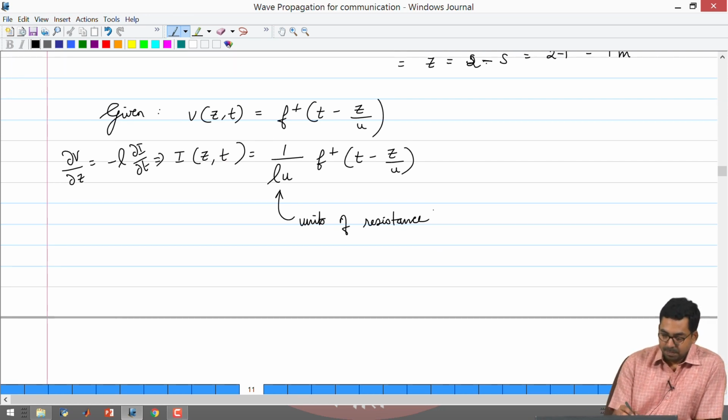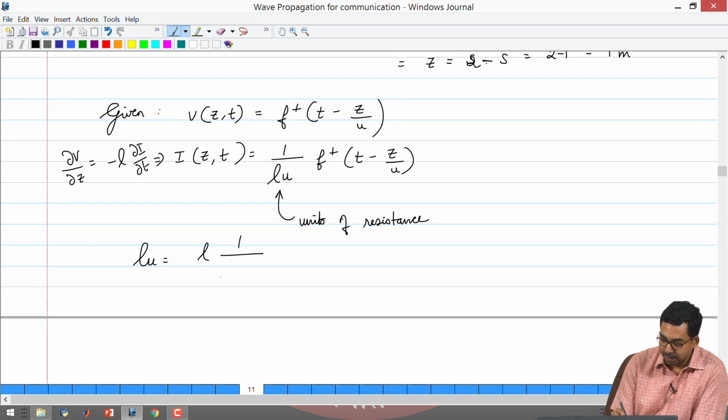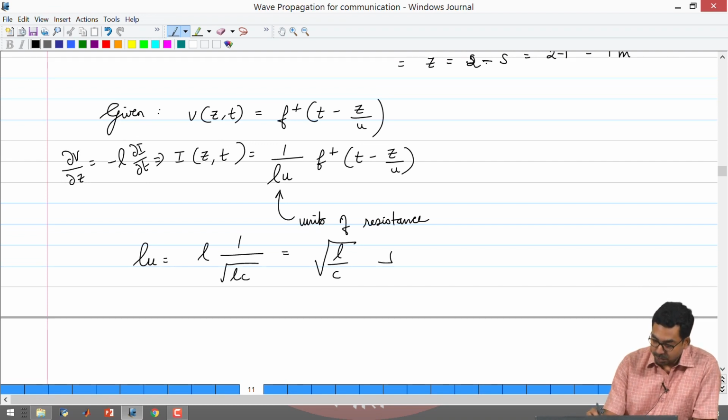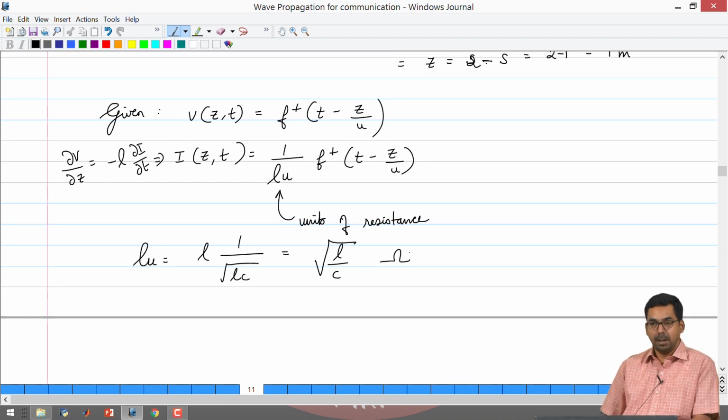Okay. We already saw that the velocity is going to be 1 by square root L c. So, L u can be written as L times 1 divided by square root L c, which is the square root of L by c, and the unit is ohms. It is a very, very peculiar result that we will not see in conventional low frequency circuit analysis, right.